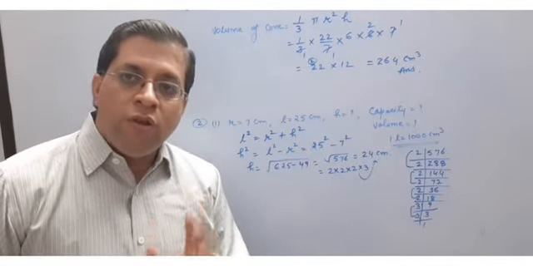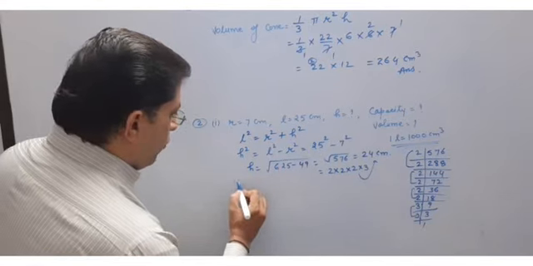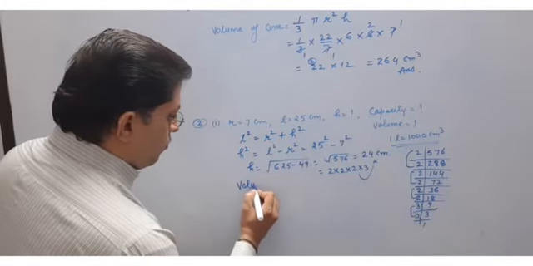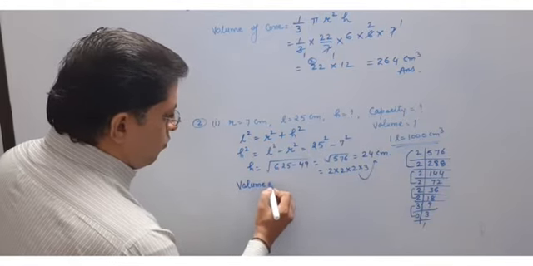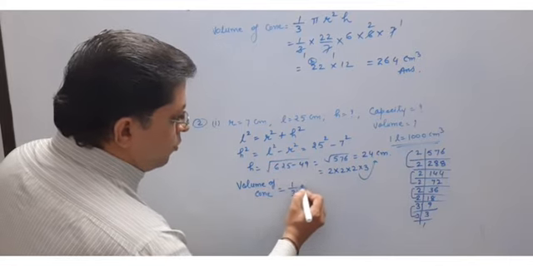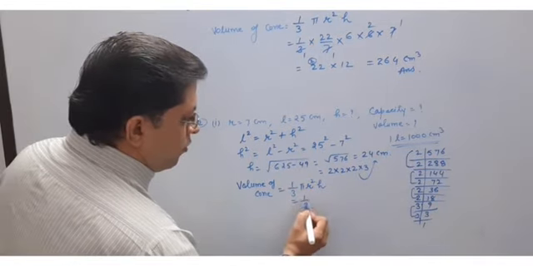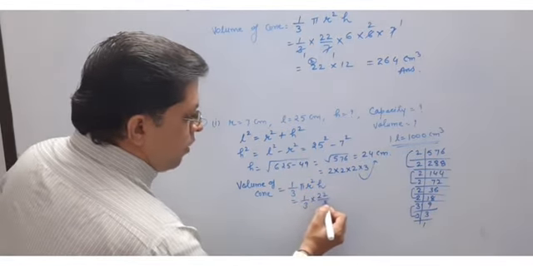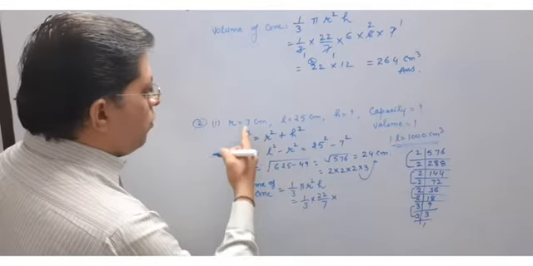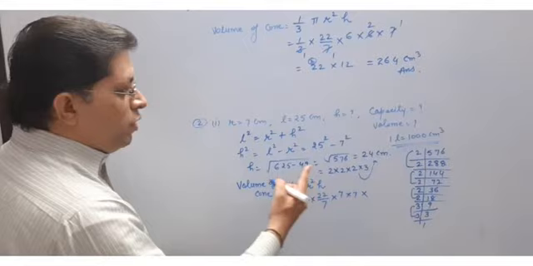Okay, then what to do? We have to find actually the volume and then after that the capacity. Volume of cone is equal to 1 upon 3 pi r square h. This is 1 upon 3 pi r. R is what? 7. So take 7 into 7. And what is h?